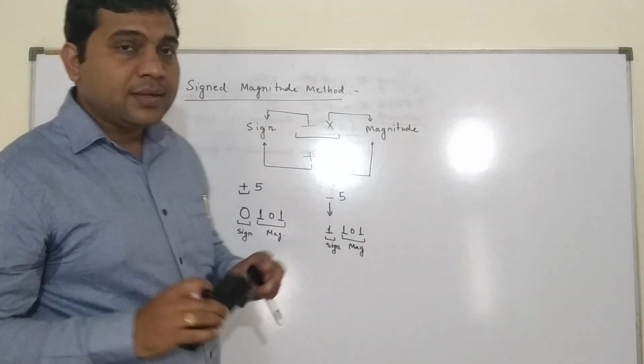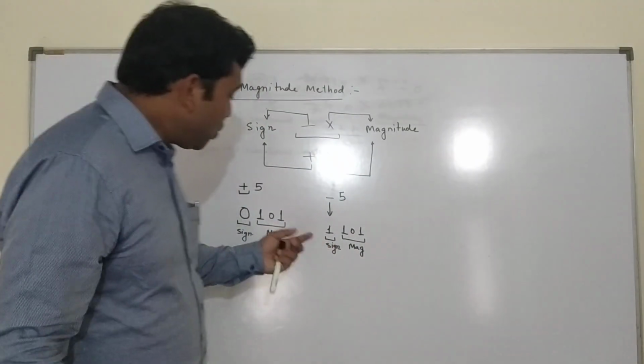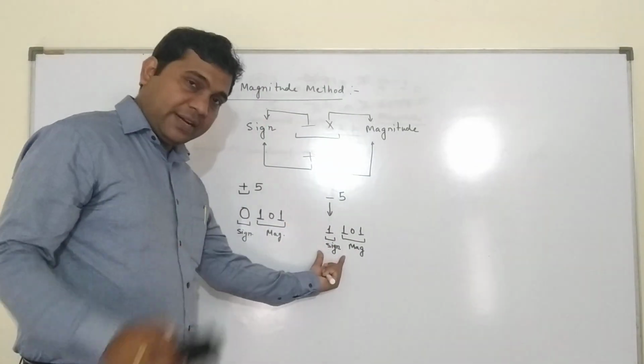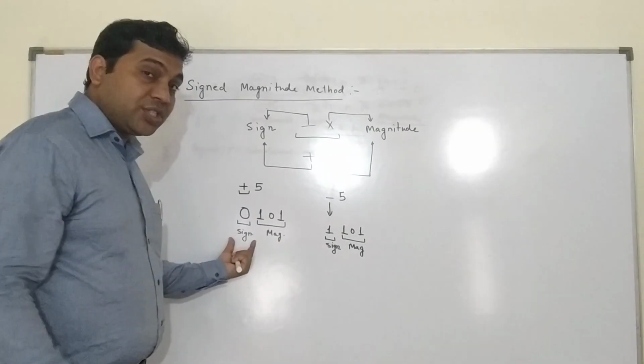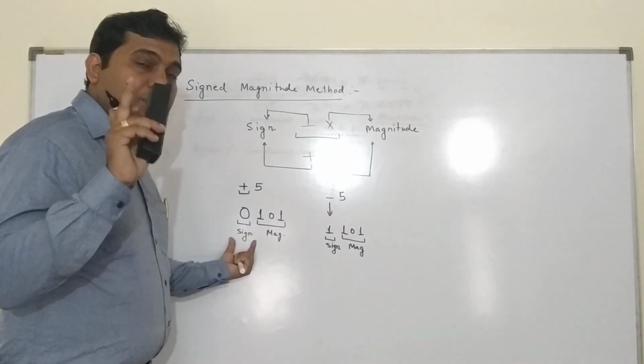So in signed representation, if the most significant bit is 1, definitely the number is negative. If the most significant bit is 0, the number is positive.